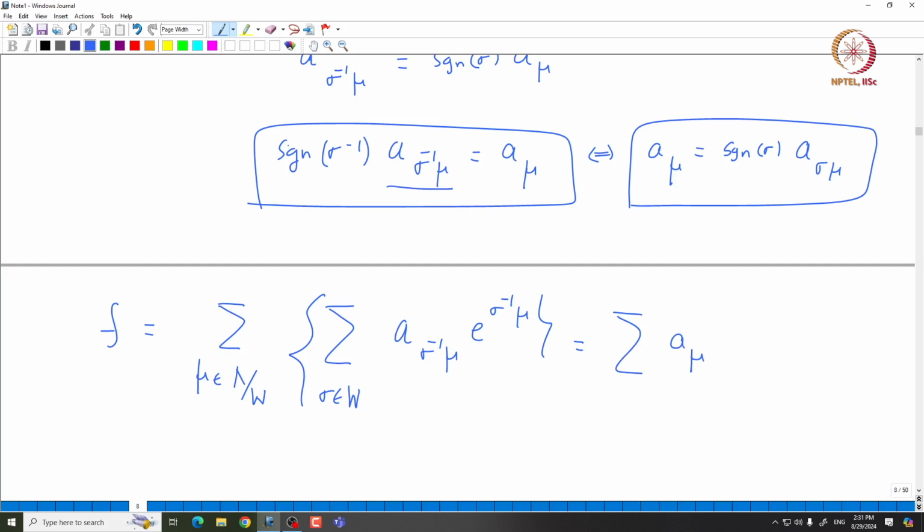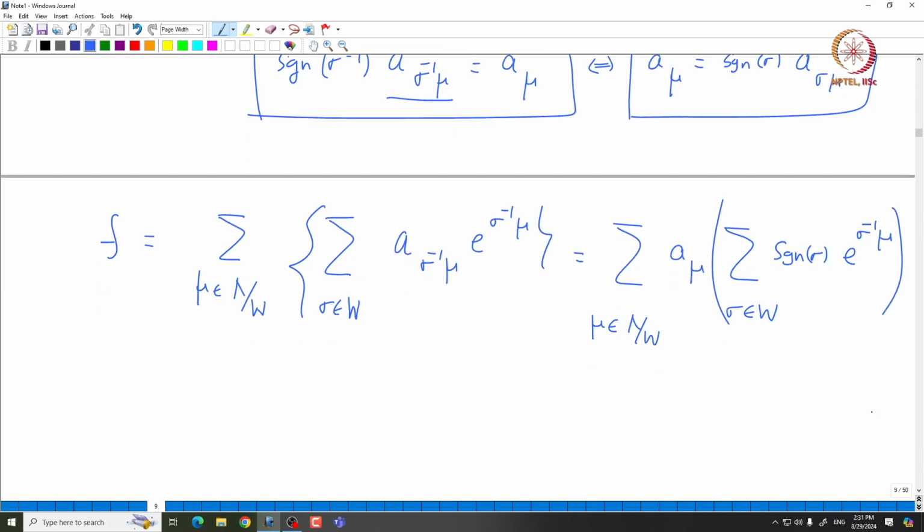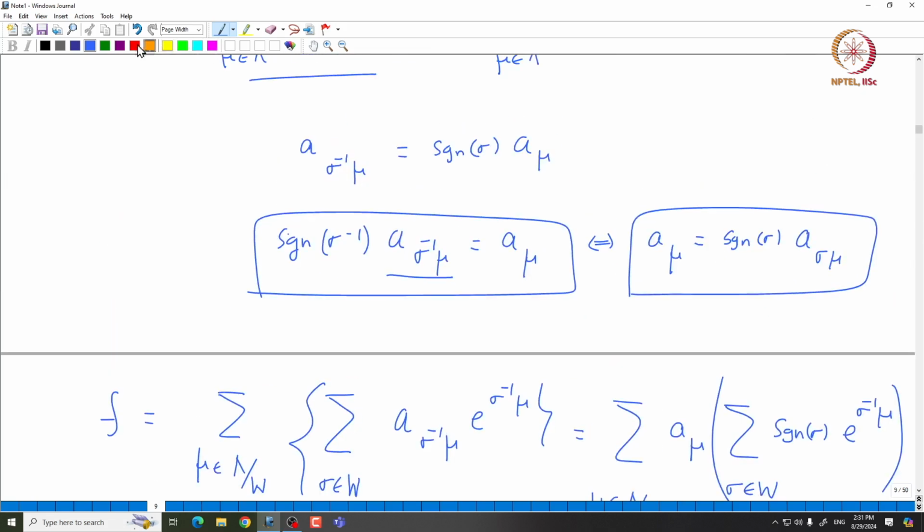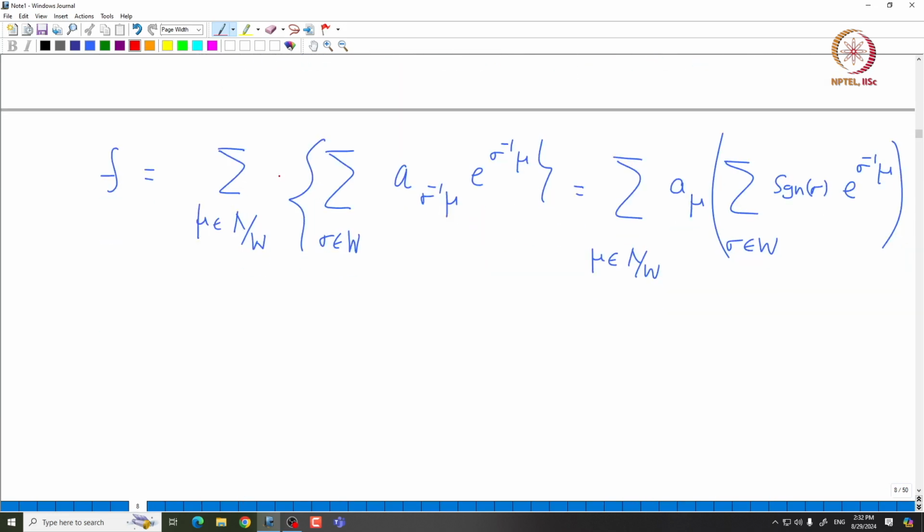So, I can take out a mu, then it will be just summation sign of sigma e power sigma inverse mu, where sigma runs over W, and mu runs over lambda modulo W. So, this is what we get when we replace the coefficients a sigma inverse mu using this relation. Then we get f equal to summation, mu runs over lambda modulo W, a mu.